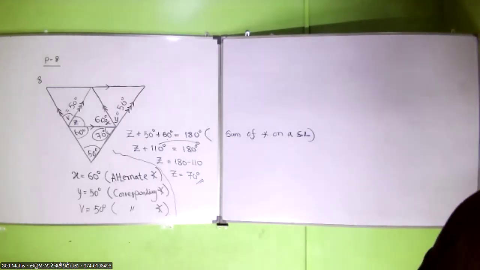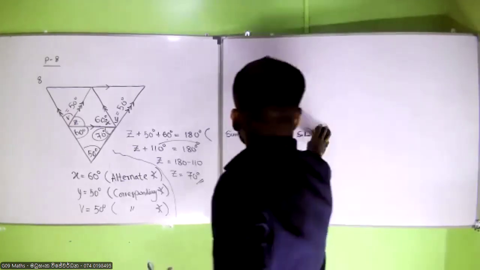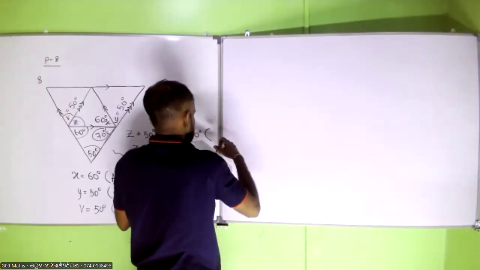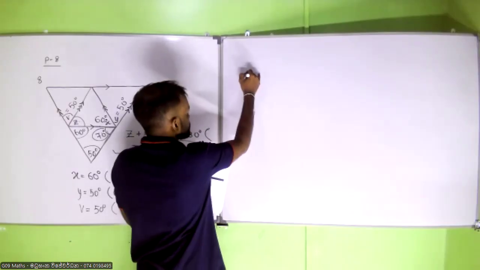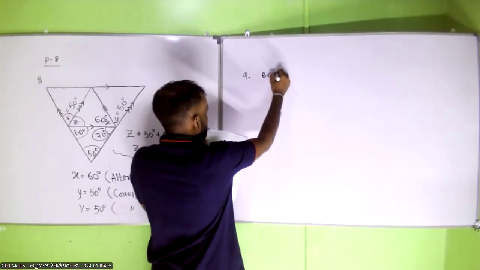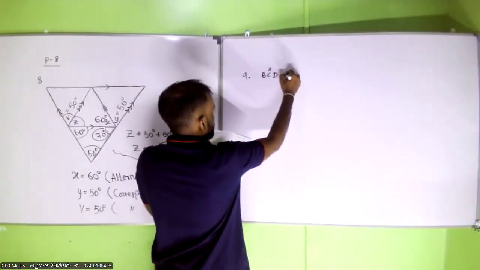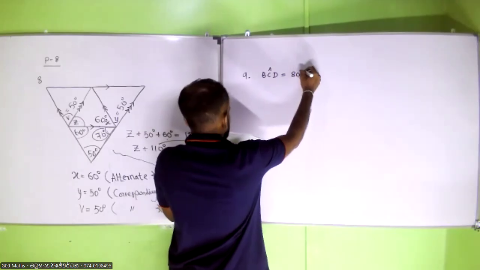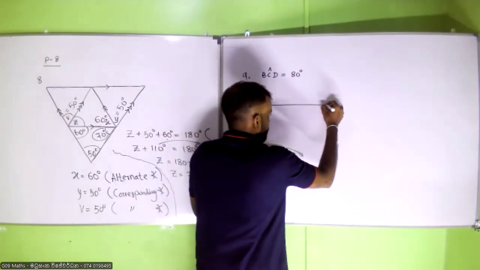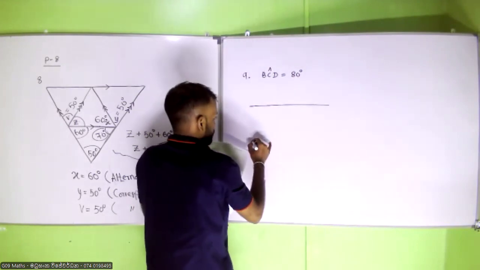So the ninth question. If angle BCD equals 80 degrees, find x, y. Let's see. There is a figure, something like this.